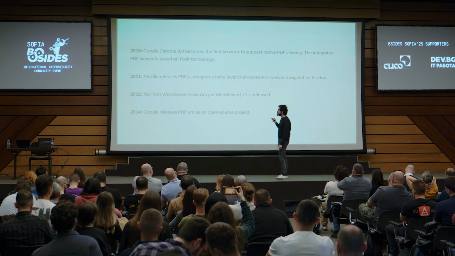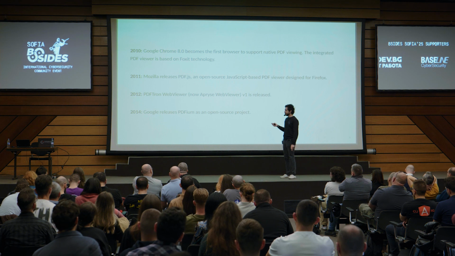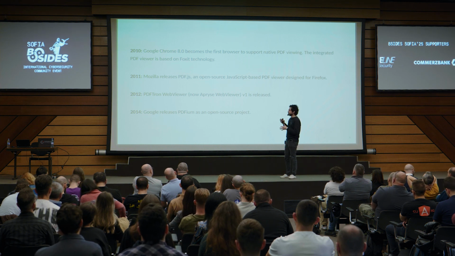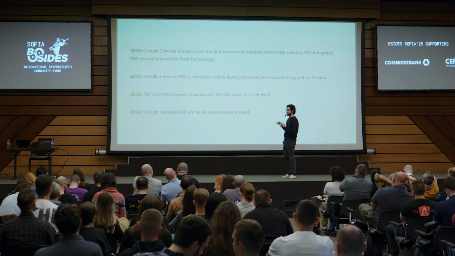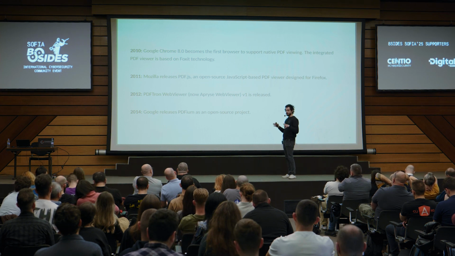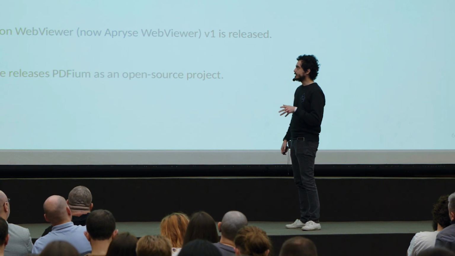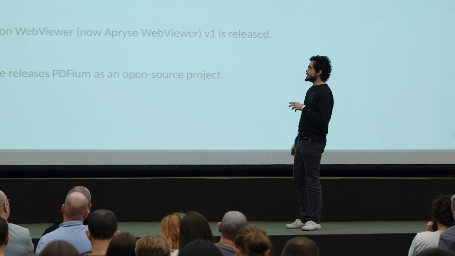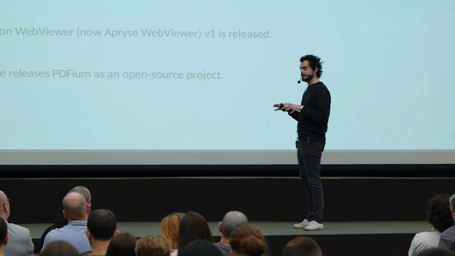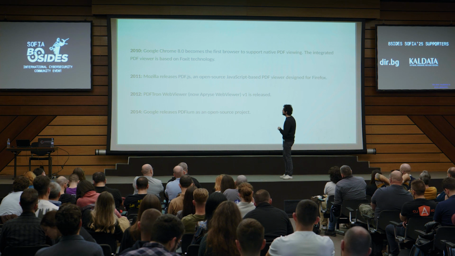One year later, the PDFTron WebViewer was released. PDFTron, now the name is Apryse, is one of the other competitors in the PDF market. It is 25 years old, based in Canada, and famous because they acquired a lot of old but good and solid PDF technology, for example the open source project iText.